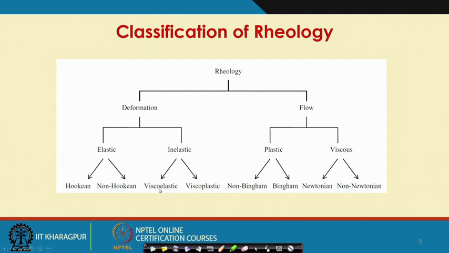They possess the viscous property as well as the elastic property. That means they can partially regain their initial behavior. However, some permanent deformation will happen that cannot be recovered. Okay. So, this is all about the overall classification of rheology.